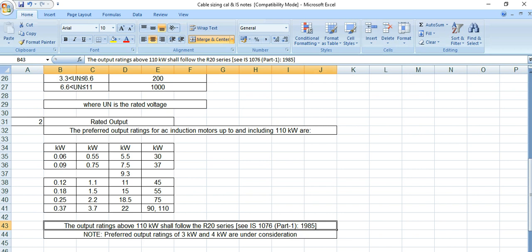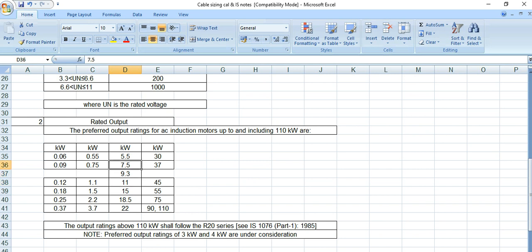So what is the R20 series? Preferred outputs of 3 kilowatt and 4 kilowatt are under consideration, generally not used, but sometimes some manufacturers do manufacture these kilowatt motor ratings. The mostly used standard kilowatt ratings, if I go from the last here, are 110 kilowatt, 90 kilowatt, 75 kilowatt, 55 kilowatt, 45 kilowatt, 37, 30 kilowatt, then 22, 18.5, 15, 11 kilowatt.